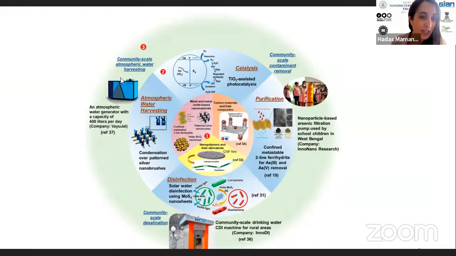And for example, an atmospheric water generation with a capacity of 400 liters per day. So it's going from the design and the synthesis to the technologies to the wide scale implementation, okay, which is the third circle, okay.